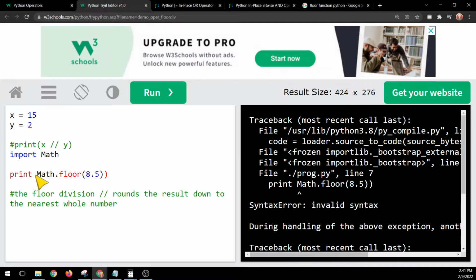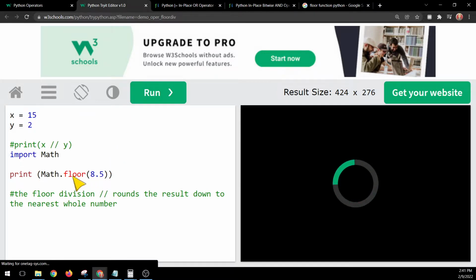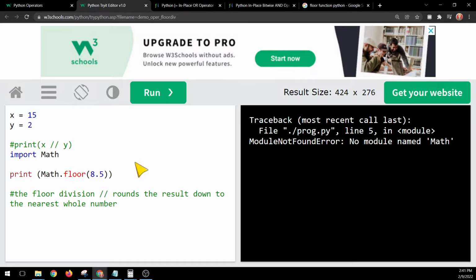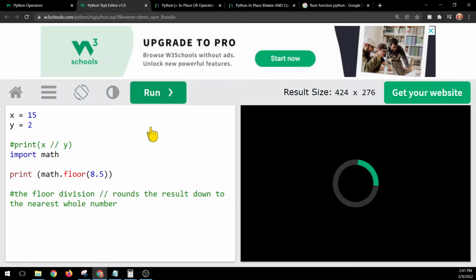And of course I have to close this. It says there's no module named math. I think it's a lowercase m. I run it. Okay, there. So it worked.